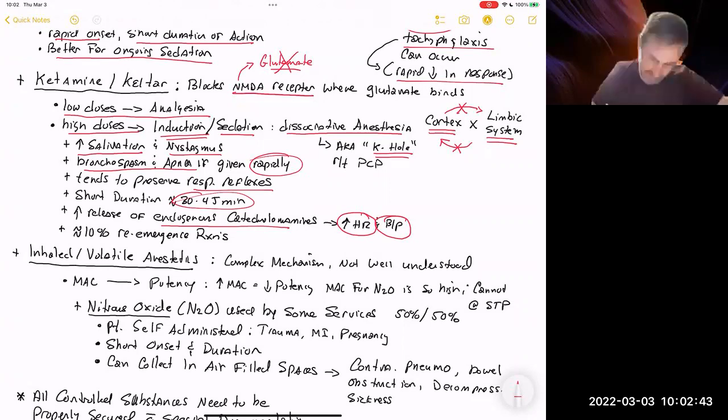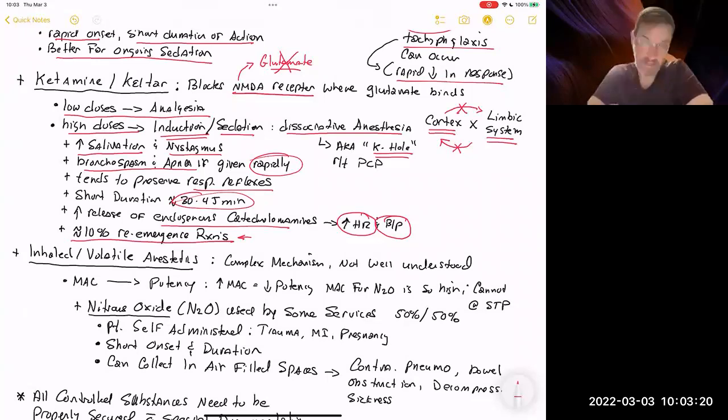Approximately 10% of patients can have something called a reemergence reaction, where as the ketamine's wearing off, they will start having anxiety, hallucinations, and they can have some behavior issues. So it's generally advisable, as it's wearing off, to have them in a dark, quiet environment, or give them a benzodiazepine to help that out a little bit.